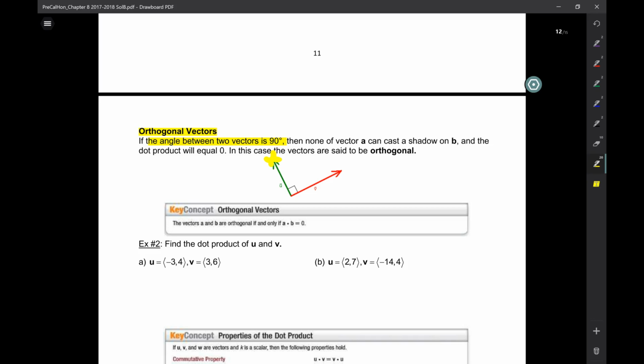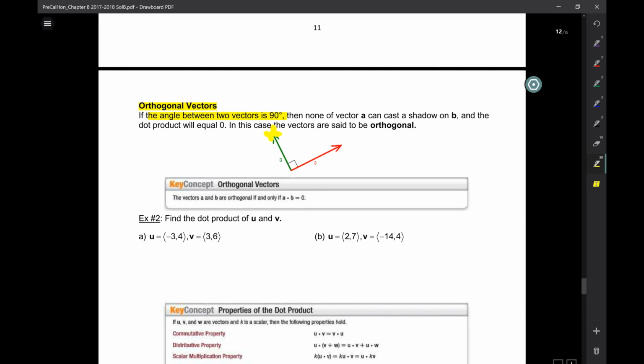Same thing here. If two vectors are perpendicular, the dot product is 0 because there is no shadow cast onto B. It's just a point, which has no length. So in the case of orthogonal vectors, the dot product is always 0, and that's how you know that vectors are orthogonal and vice versa.